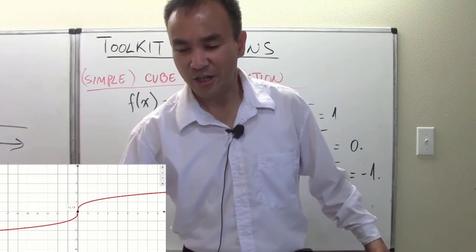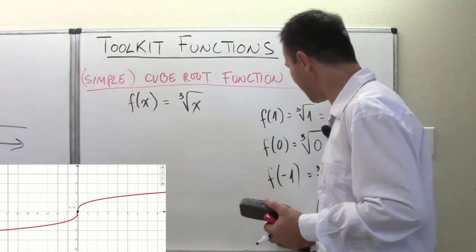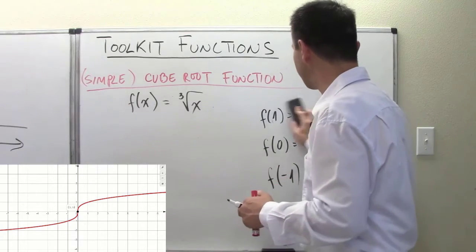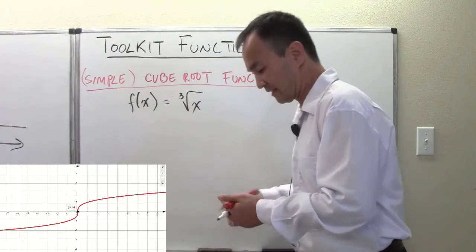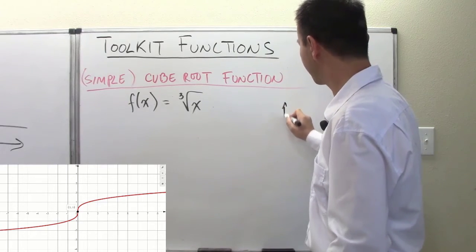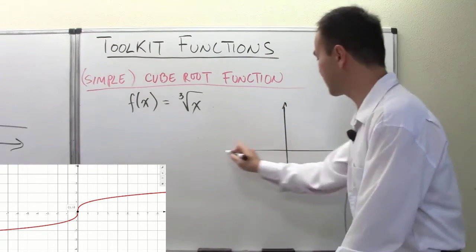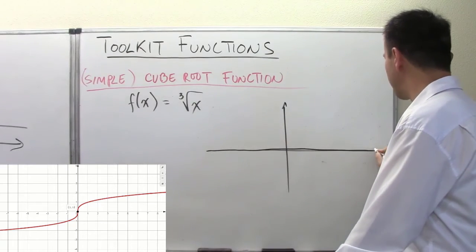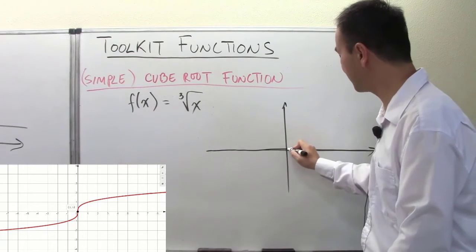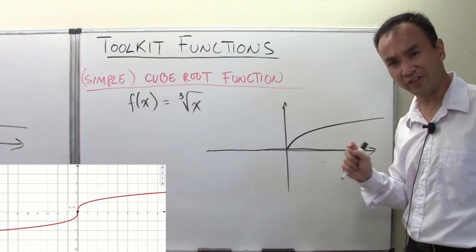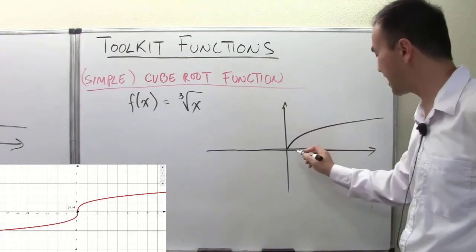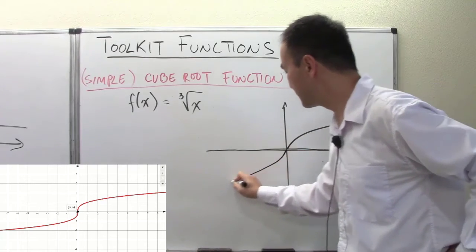And with this function, anytime the name is simple cube root, it's the way I recommend my students to think about the square root. It's almost like the square root as far as making a sketch. The shape is almost like a square root, but we have another piece on the other side.